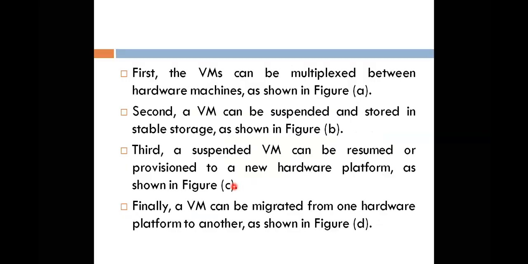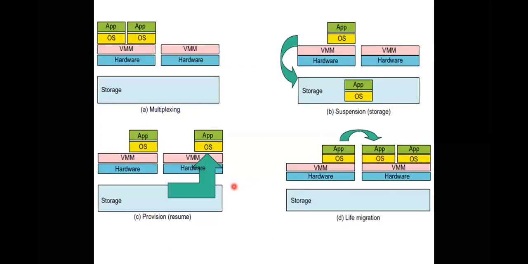Next, explain migration. From one hardware platform to another hardware platform, it is migrated. Why is it migrated? There is a cost, or a crash may occur. If a crash occurs, we need to take all these things into consideration and move to another hardware. Another hardware here means the host operating system you are using will also be changed.